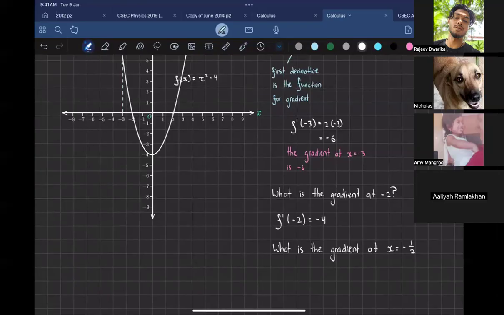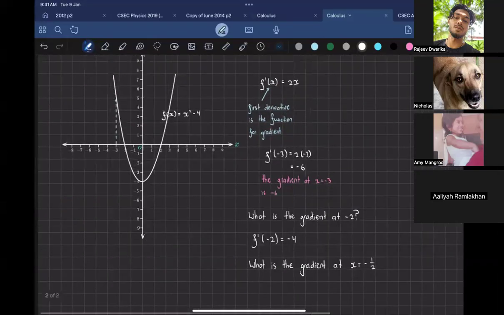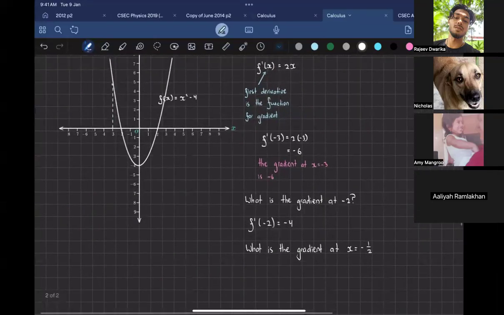Alright, so you put in minus a half. I want to say f inverse, but I mean f prime, right?